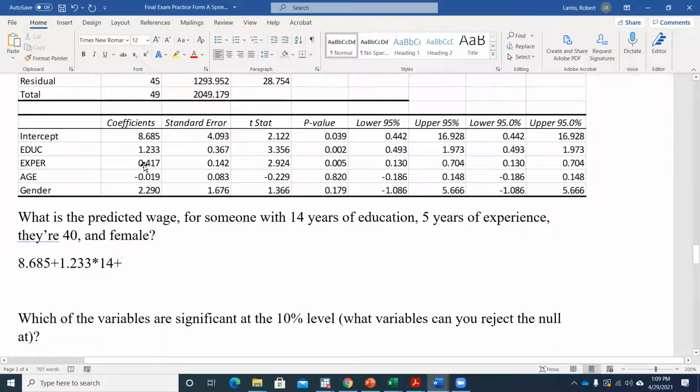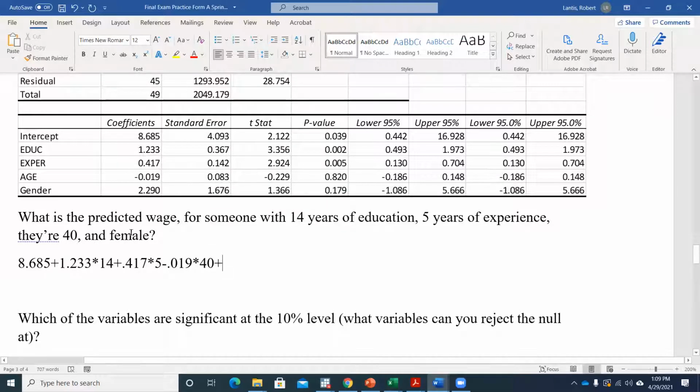We'll then take the coefficient on experience, 0.417, multiplied by this person's 5 years of experience. We'll then take the age coefficient, which is negative here, so minus 0.019, times their age, 40.